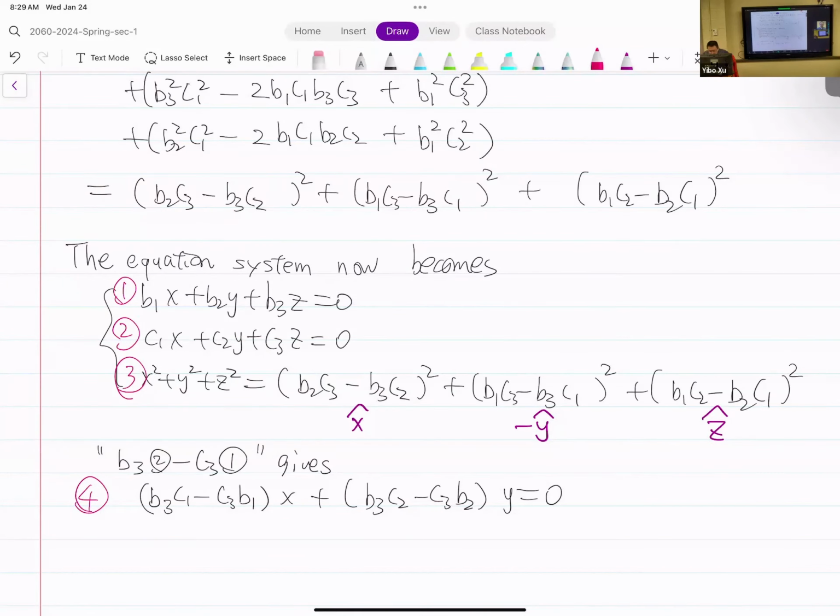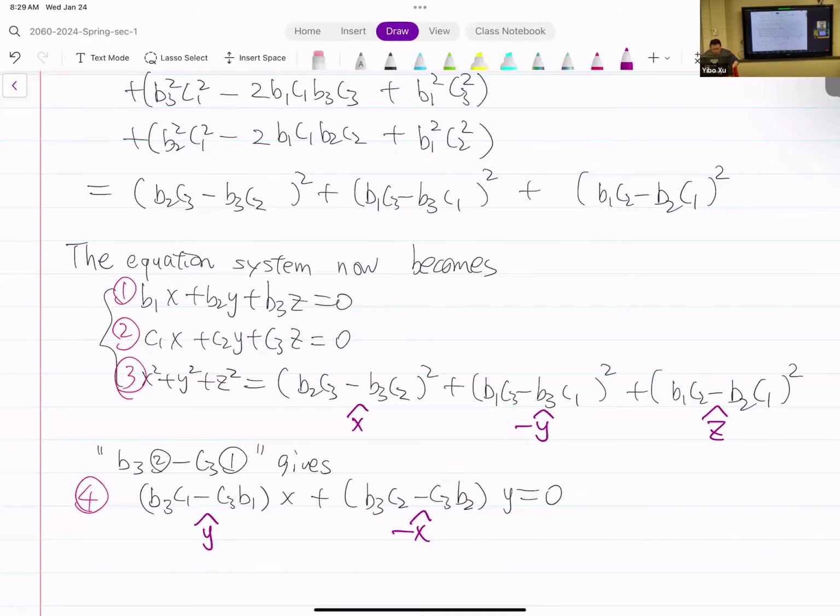Okay, so if you look at equation 4, you see, the constants in front of x and y are pretty nice, because they are just like what we denoted for x hat, y hat, z hat. So this part is exactly negative x hat. This is y hat, right? So y hat x minus x hat y equals 0.